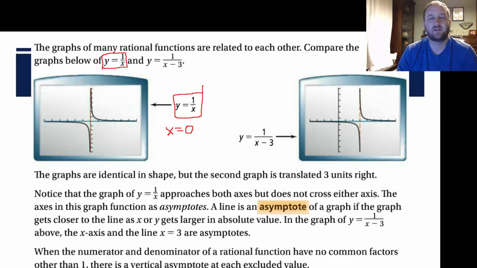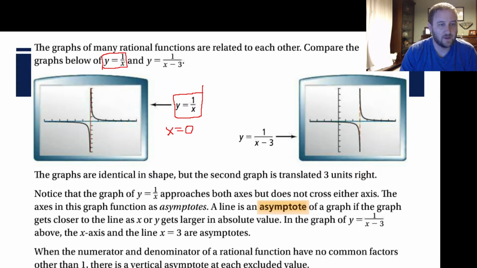What this tells you is that on the graph, x equals 0 is just a vertical line at x equals 0. X equals 0 is this line, this vertical line right here. Okay, that's going to be what's called a vertical asymptote. Okay, a vertical asymptote.